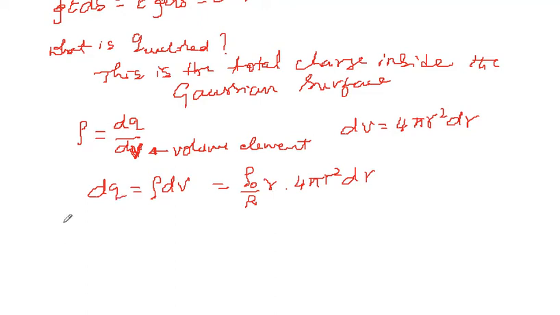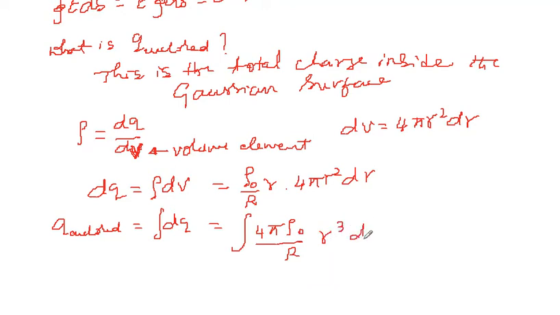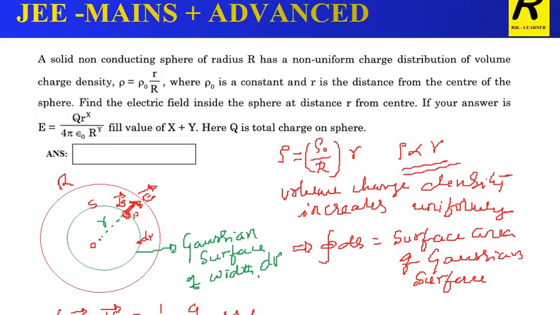Now charge enclosed is equal to integration of dq, which is the integration of 4 pi rho O divided by r into r cube into dr. Only this much. Now you should be careful: I am not integrating from the center to the surface.